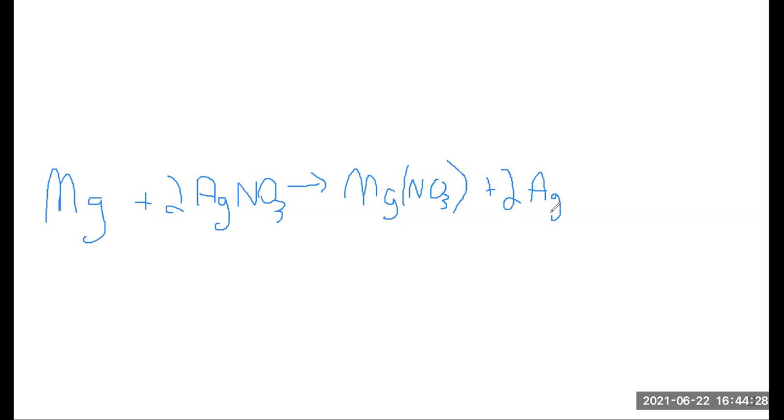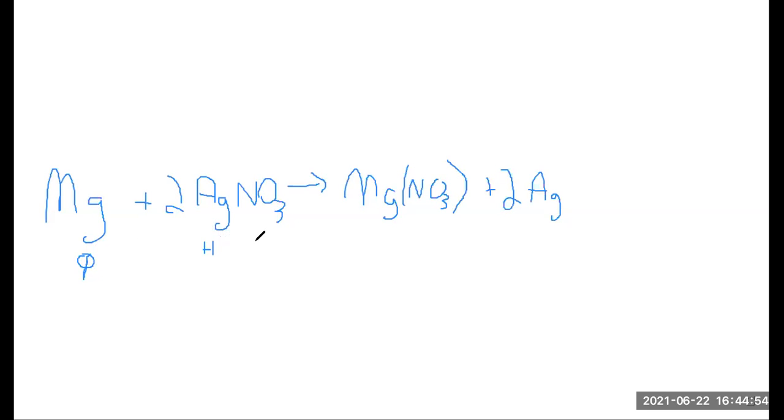All right, let's go through and do all of our numbering for our oxidation states. So 0, because magnesium is by its lonesome. My silver, because it's in a molecule, is +1. And look at your nitrate. It's nitrate on both sides.